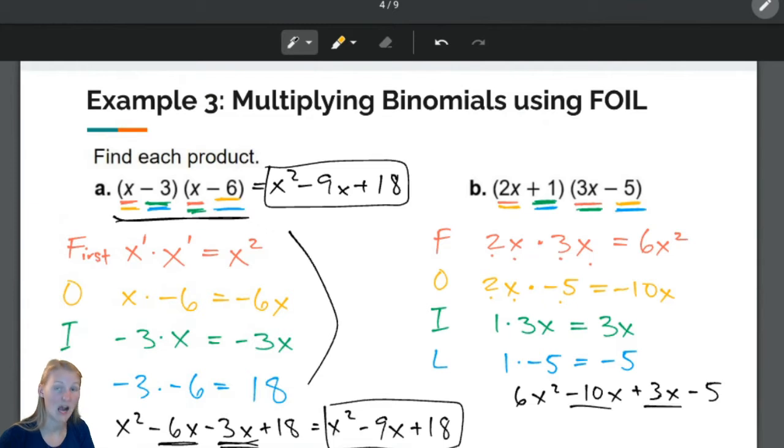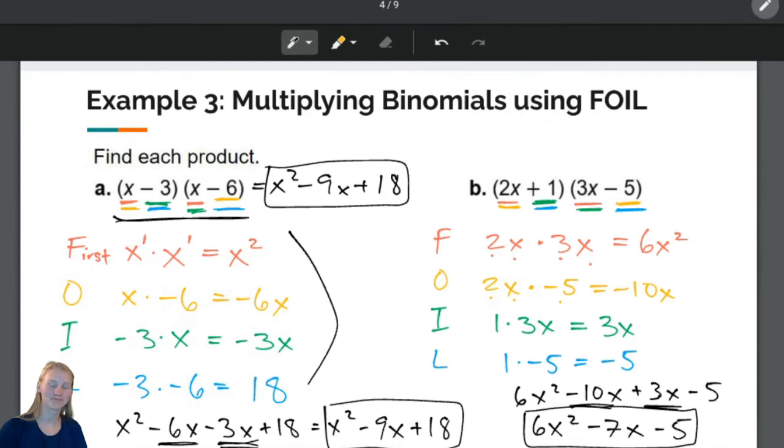Remember that we can combine our like terms. You can do this in this step, or you can do it in this step. Doesn't matter, I don't mind. And we are left with 6x squared. Negative 10 plus 3 is negative 7x minus 5.